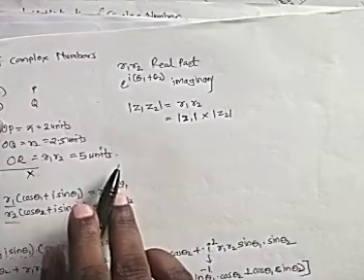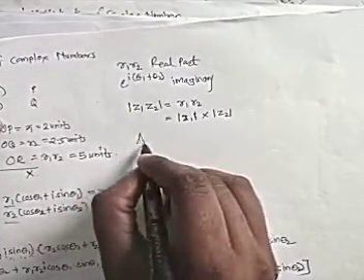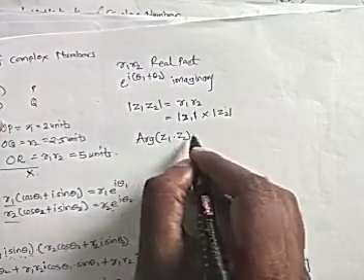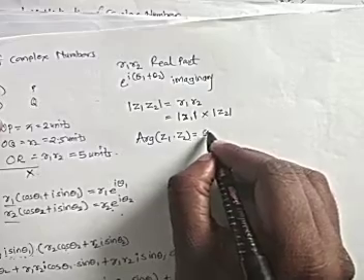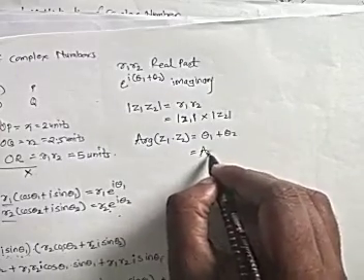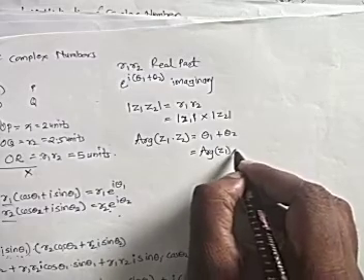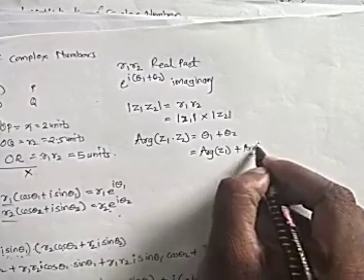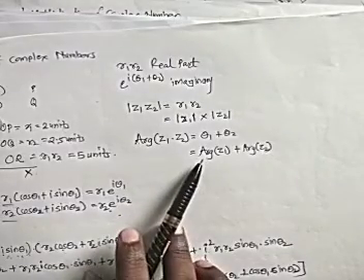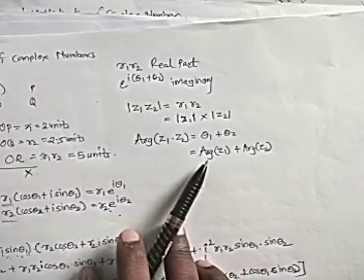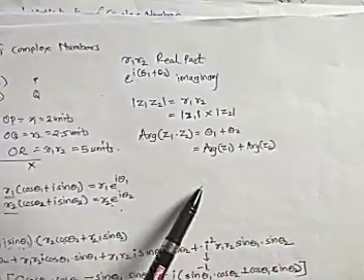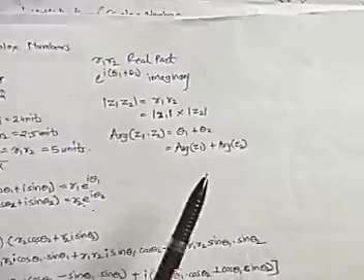And the argument of Z1 Z2 is equal to theta 1 plus theta 2, meaning the argument of Z1 plus the argument of Z2. So this is the format, and this gives you the particular form of the multiplication of two complex numbers.